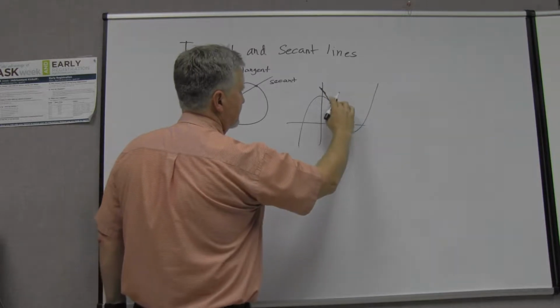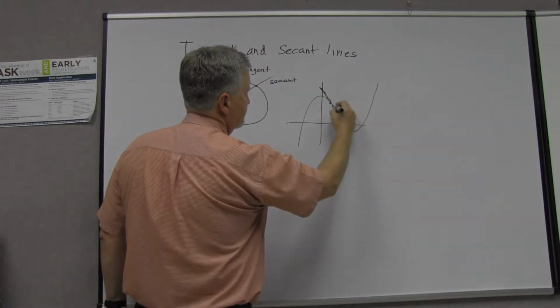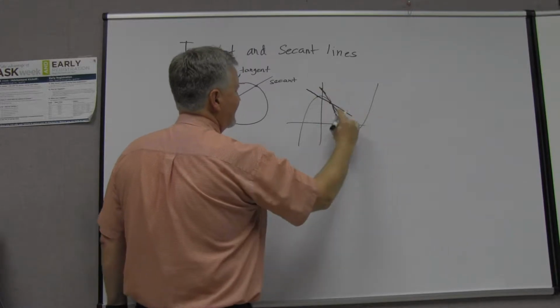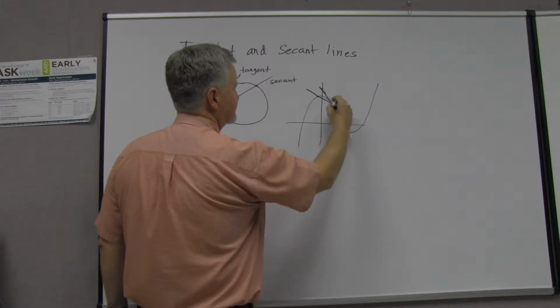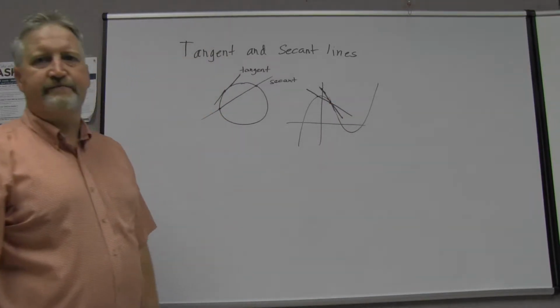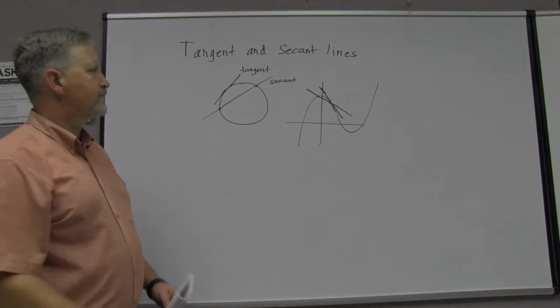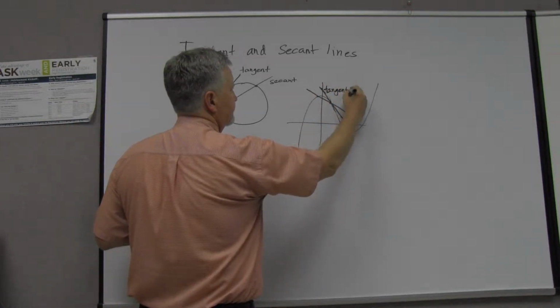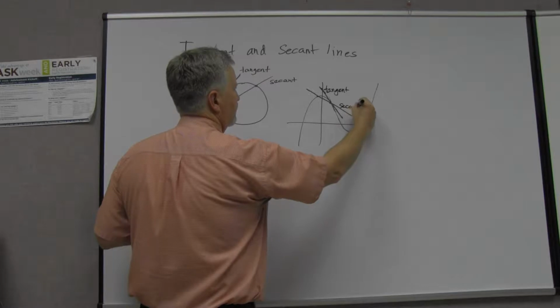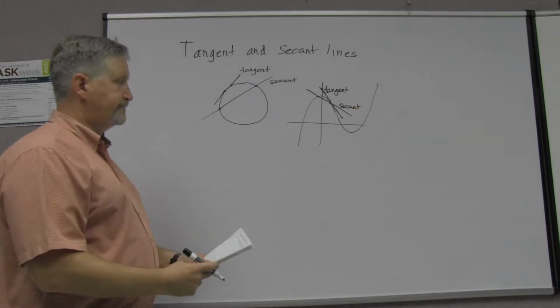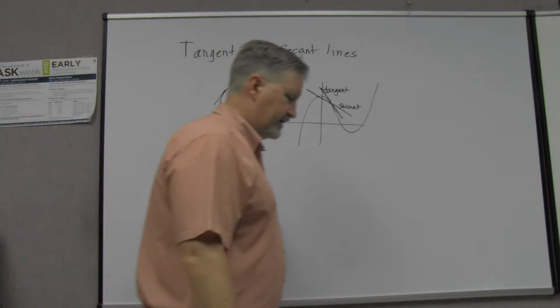I didn't do a good job there, so let me go back this way, make it easier on myself. Okay, that would be a secant line. Tangent and secant, same idea.